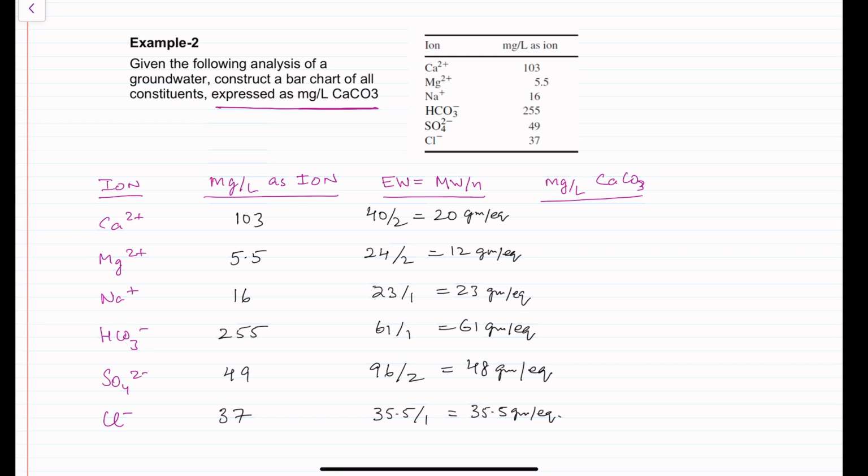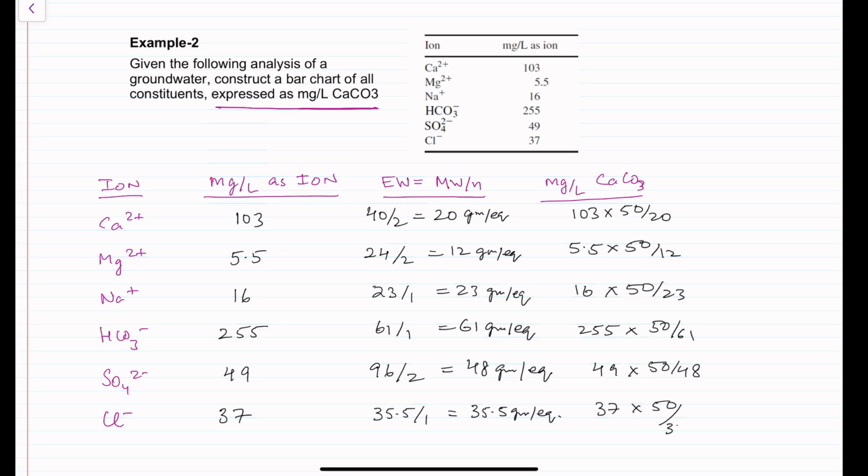And now, using our formula, we can calculate this. 103 times 50 divided by 20, 5.5 into 50 divided by 12, 16 times 50 divided by 23, 61, sorry, 255 times 50 divided by 61, 49 times 50 divided by 48, 37 times 50 divided by 35.5.